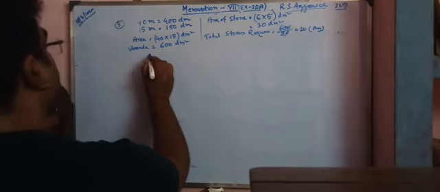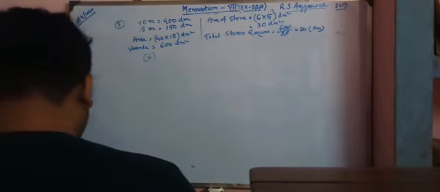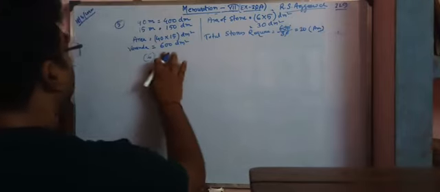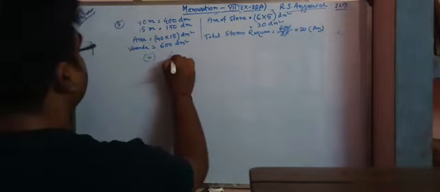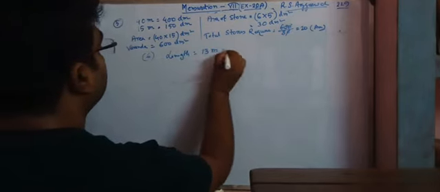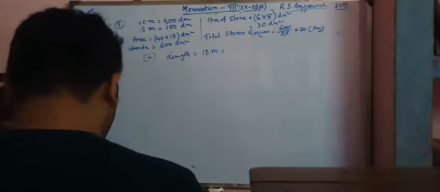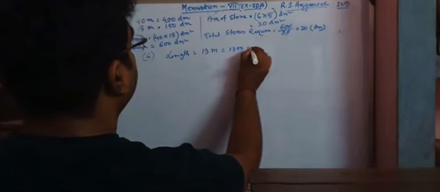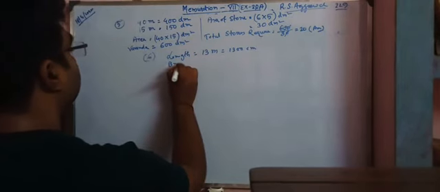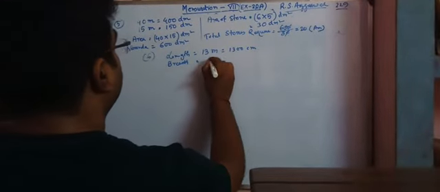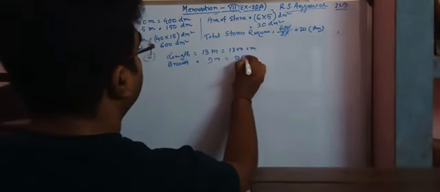Question number 6. Length and breadth of the room. Length is equal to 13 meter, means 1300 centimeter. Breadth is equal to 9 meter, means 900 centimeter.